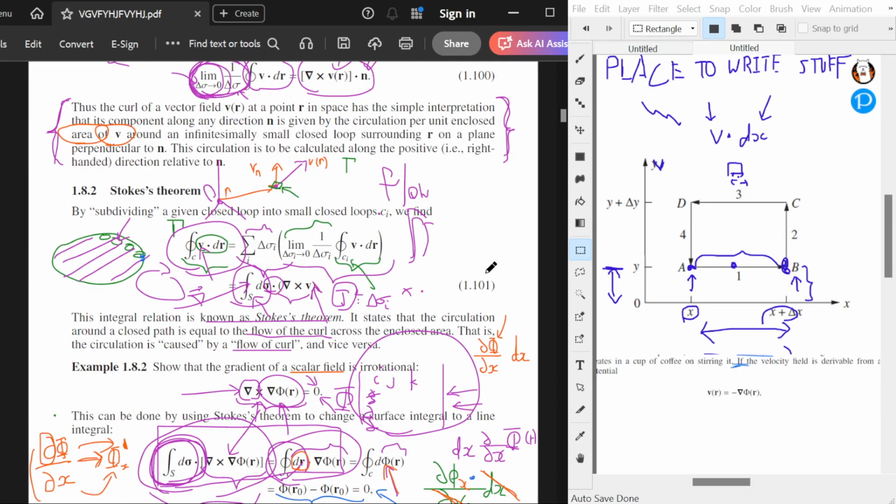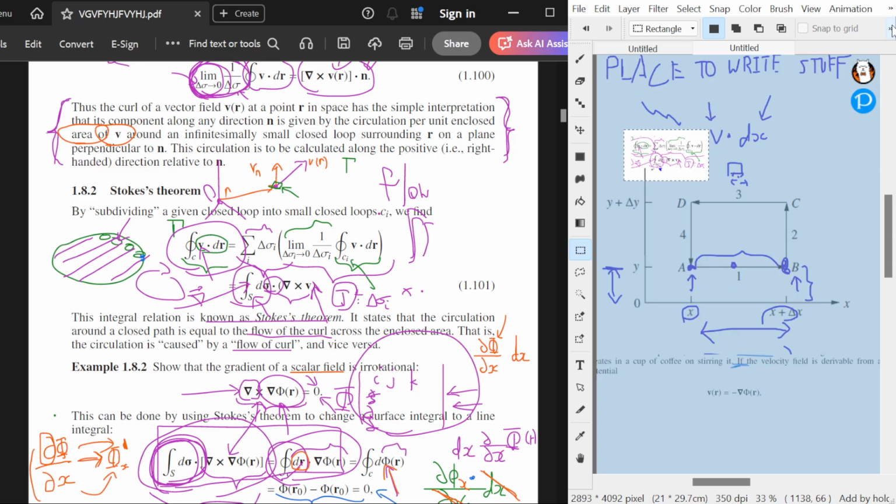Let me just screenshot Stokes' theorem. This looks kind of crazy, but we move. Oh, I have to select it first.